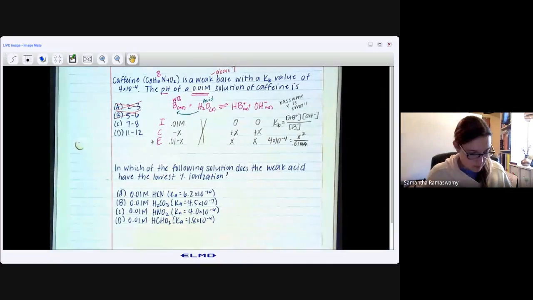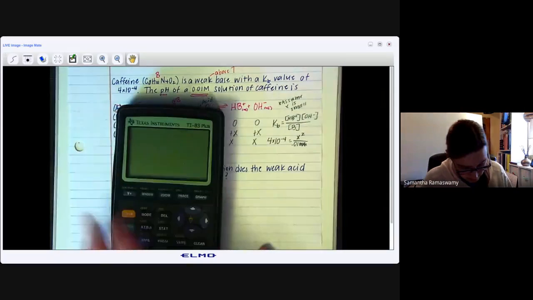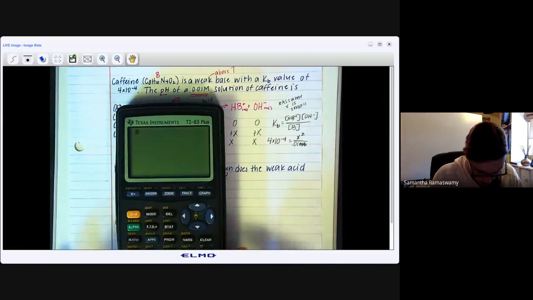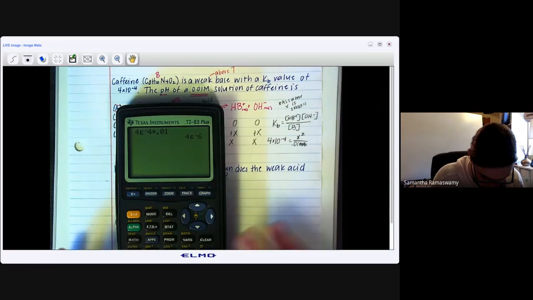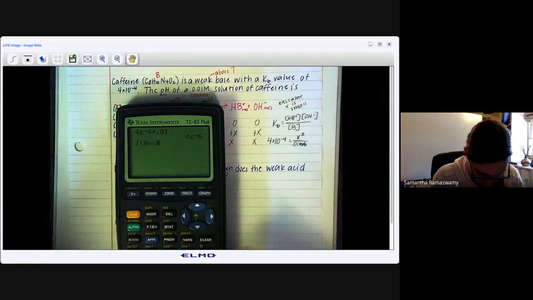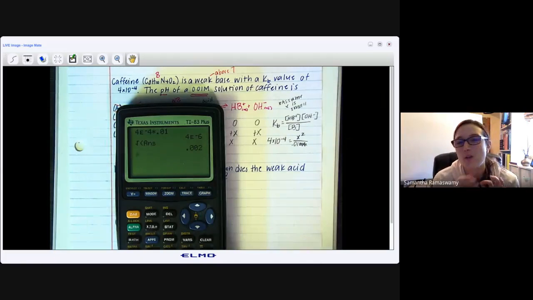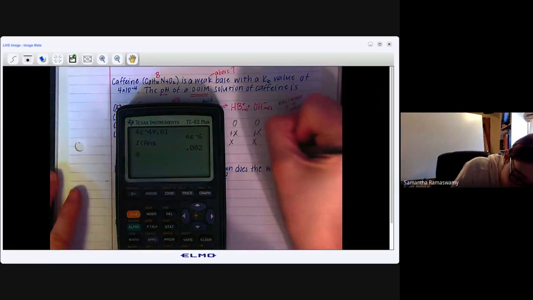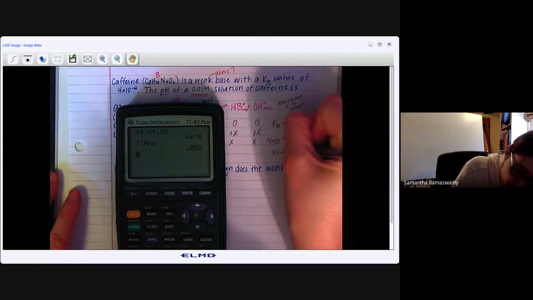And now we can solve for x. 4e negative 4 times 0.01. Take the square root. You could technically do this without a calculator, but you get a calculator for now. So x is 0.002.